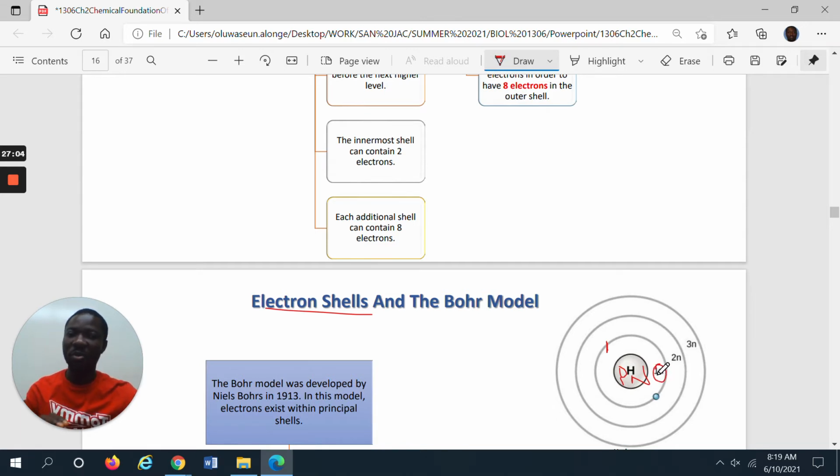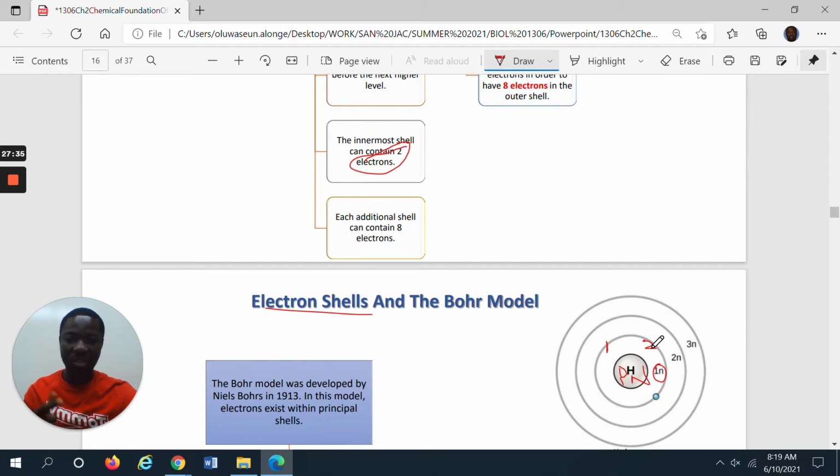Now, where I'm going is, this shell can only contain 2 electrons. For every element, the first shell can only contain 2 electrons, meaning the maximum it can contain is 2. So this first shell cannot take more than 2 electrons.